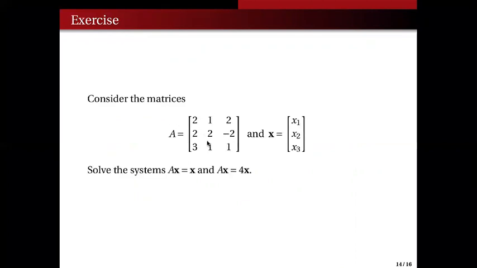You have to consider this matrix A, and then of course the variable vector. You just need to solve for Ax equals x or for Ax equals 4x. So what would your solutions be? Okay? What should be those x, so that Ax equals x, and then the other is Ax equals 4x.